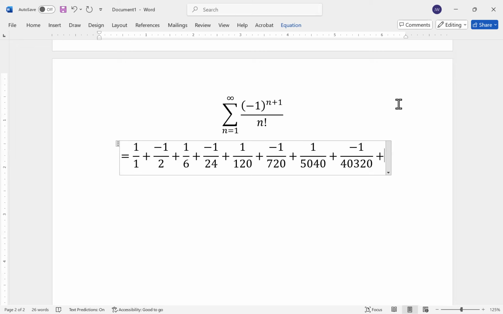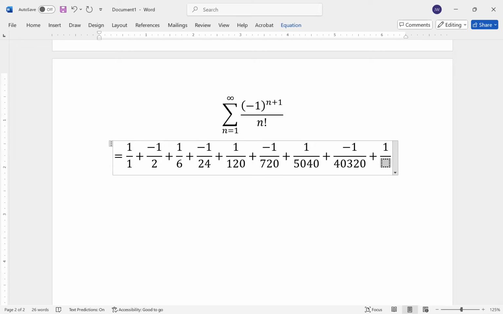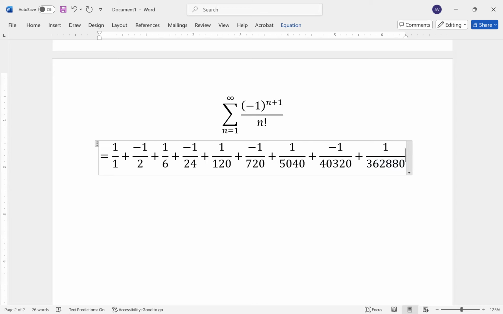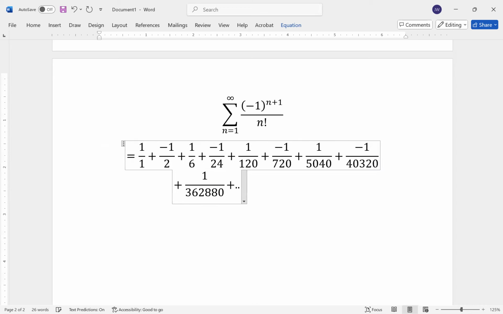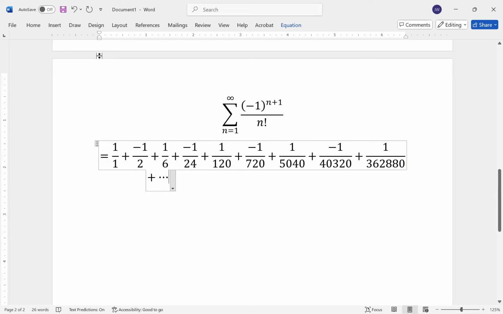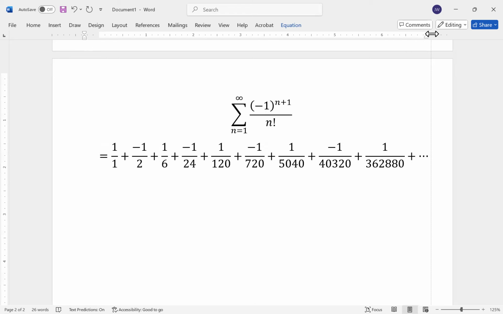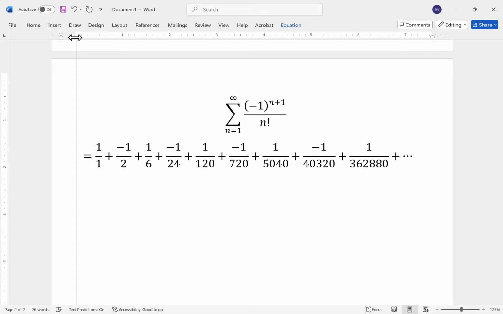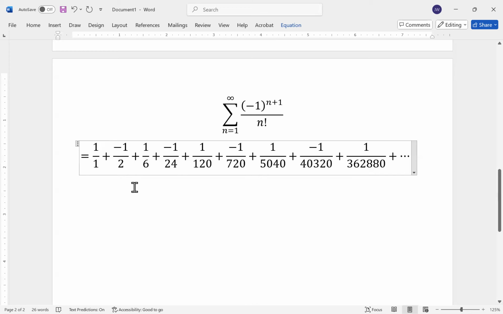If I plug in a 9, 9 factorial is 362,880. And there we go. Make that a little bigger. Good.